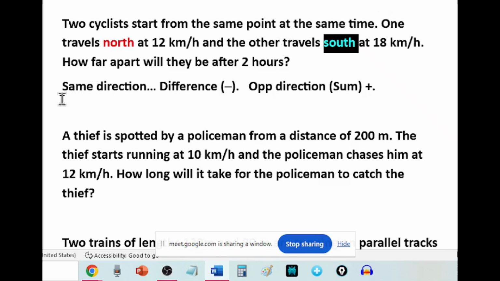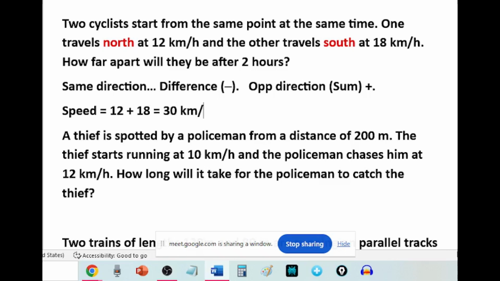So the two together speed should be 12 plus 18, that will be equal to 30 kilometers per hour, because they are traveling in opposite direction.